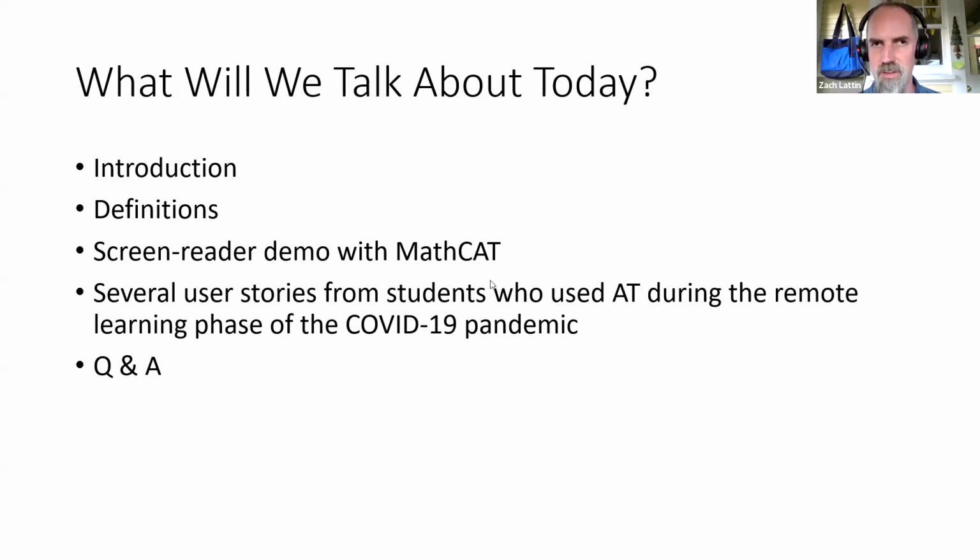This is out of order, I'm realizing, but we'll have a screen reader demo after we talk about some other stuff. And the other stuff is, I want to talk about user stories from students who used assistive technology during what I call the remote learning phase of the lockdowns and the pandemic in 2020. And then we'll have some Q&A at the end.